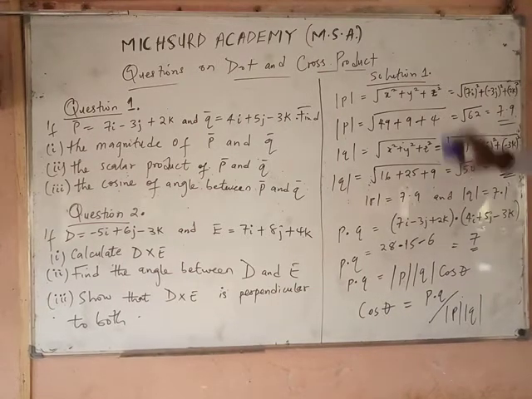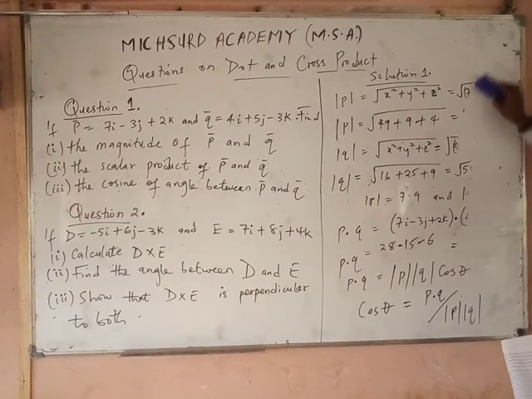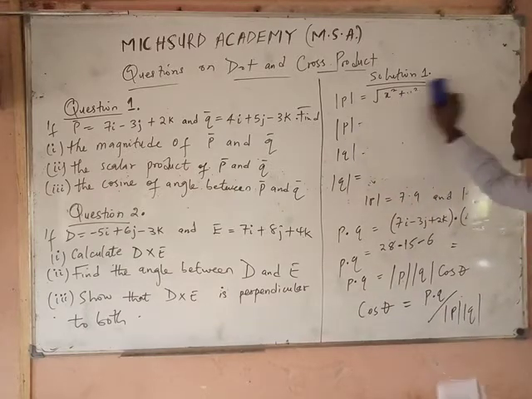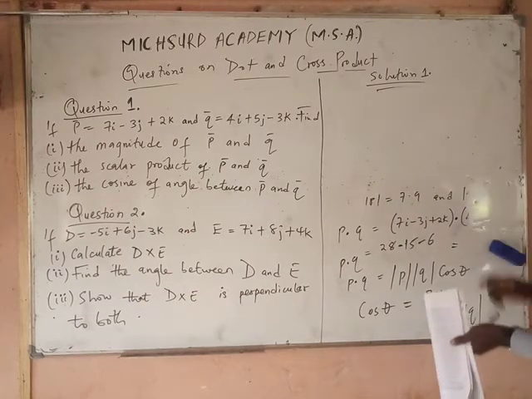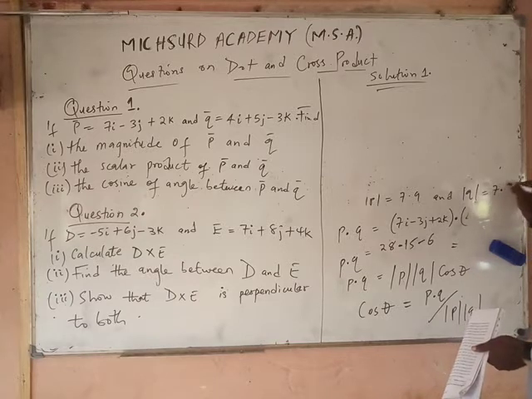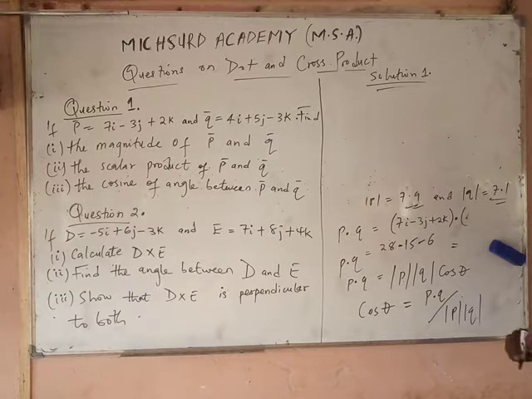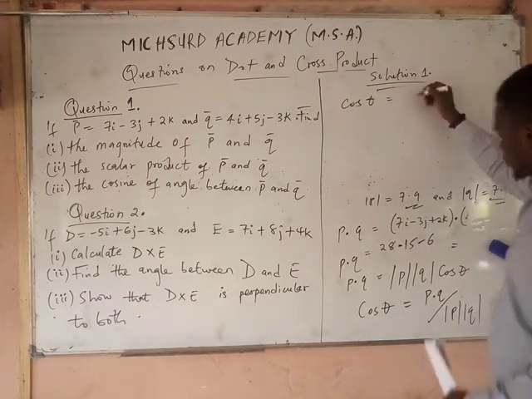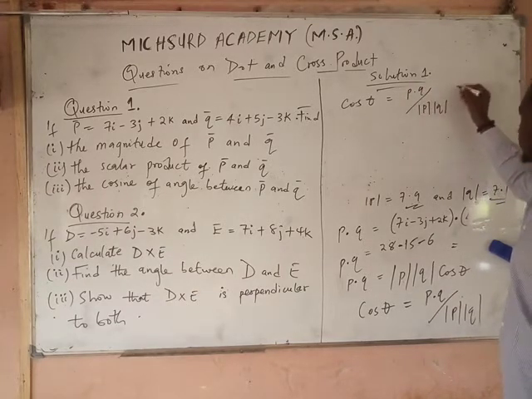Alright, so we are going to use this formula to calculate the cos theta. So I will clear this side of the board so that we can solve that question. Okay, let me stop here so that we can take these values and make our substitutions. So cos theta will be equal to p dot q all over the magnitude of p times the magnitude of q, right?